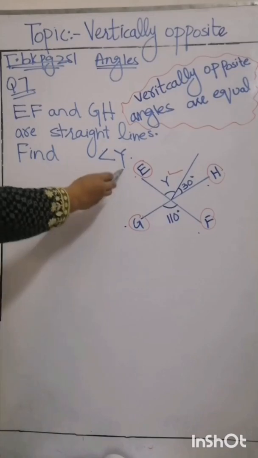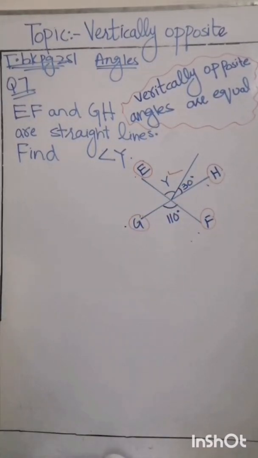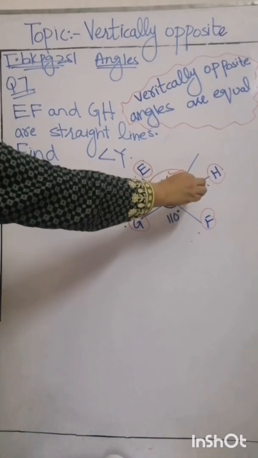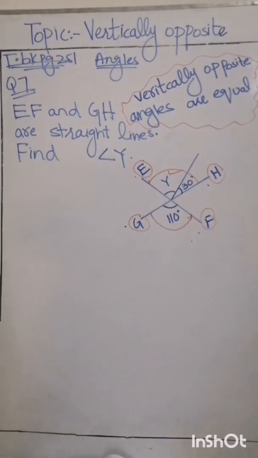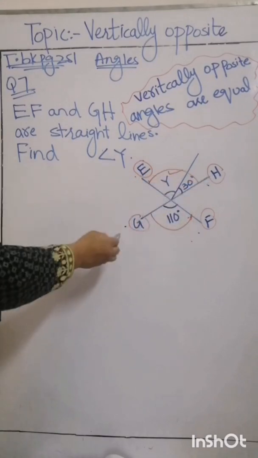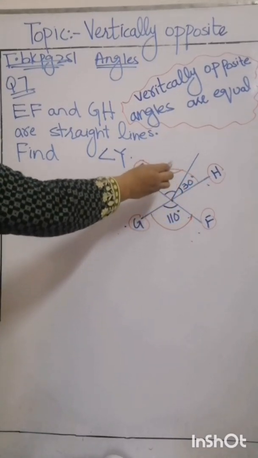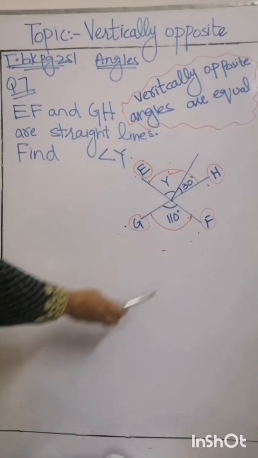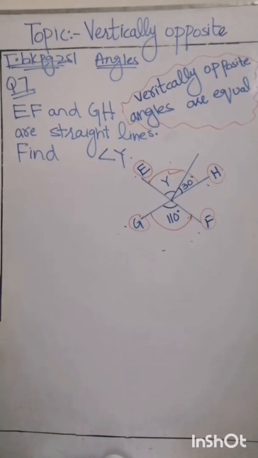Now, if EF and GH are two straight lines, then these opposite angles are equal, because when two lines cut each other at one point, the opposite angles are called vertically opposite angles, and these are equal in measurement.